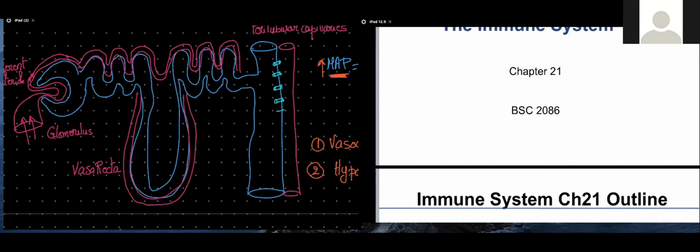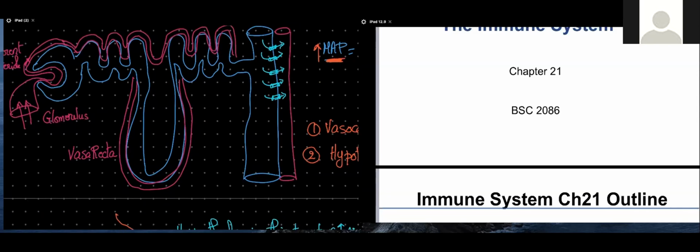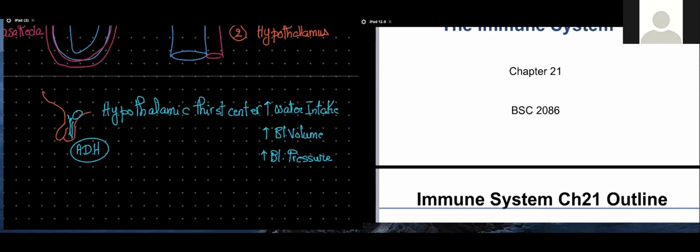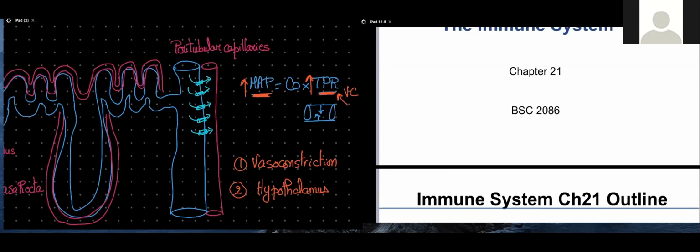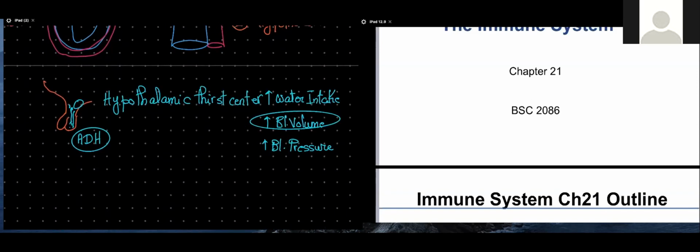Those are called aquaporin channels. Aquaporin channels will allow you to move the water from the collecting ducts to your blood vessels. This will increase your blood volume. Remember, if you're not releasing the water out in the urine, you are gaining this water as part of your blood. So this increases the blood volume, and as a result, you're going to have an increase in your blood pressure.